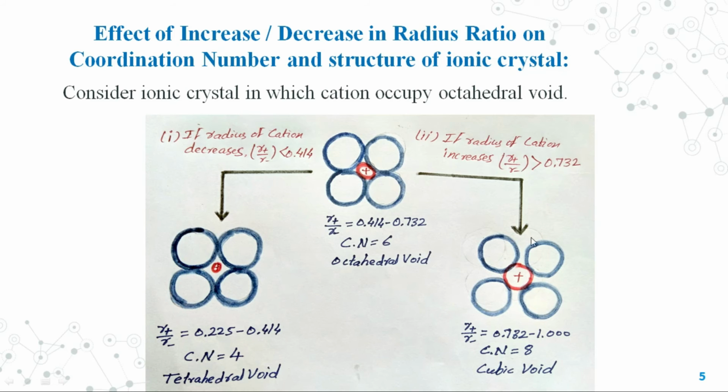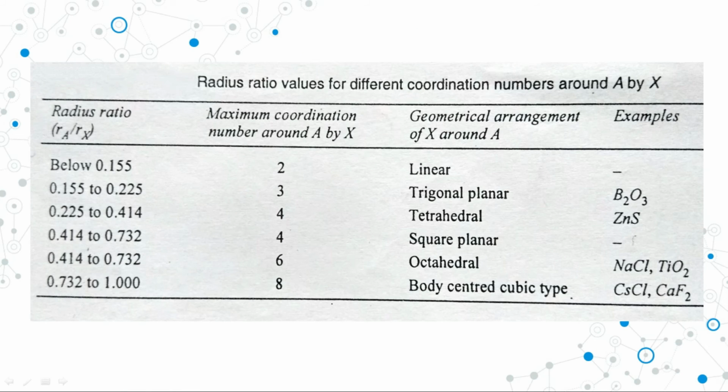As a result, in such a situation this cation will prefer to form a cubic void whose radius ratio lies between 0.732 to 1.00. This is the table of radius ratio of different types of voids.